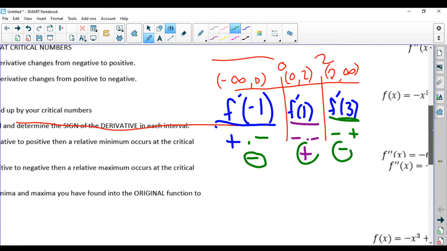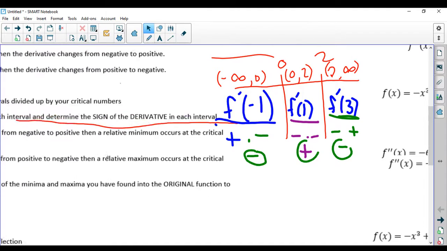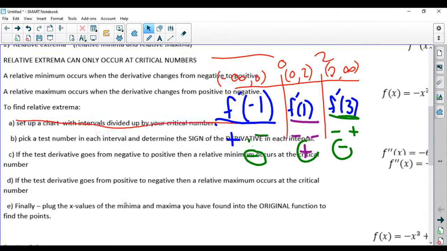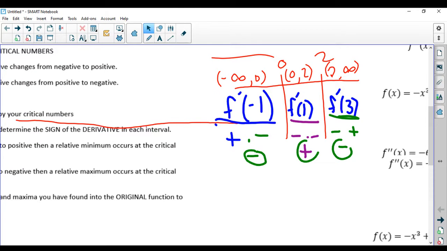According to our instructions here, if the derivative goes from negative to positive, then it's a minimum. If the derivative goes from positive to negative, it's a maximum. So we went from negative to positive here. That's the minimum. And we went from positive to negative here.